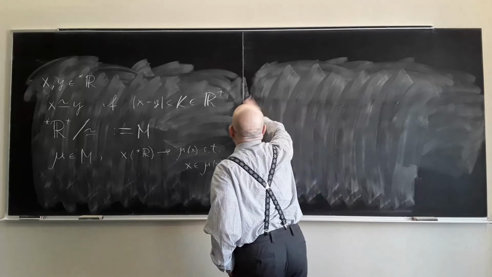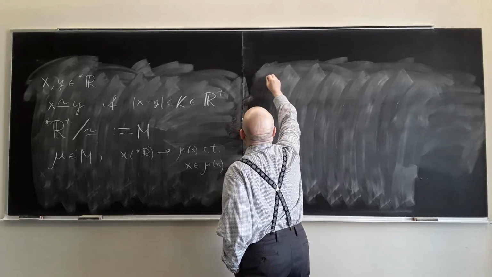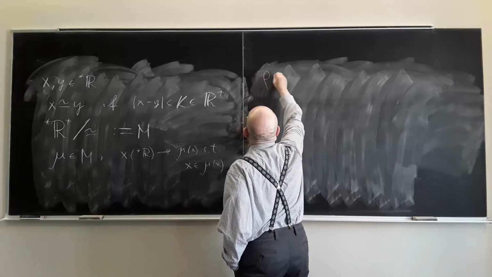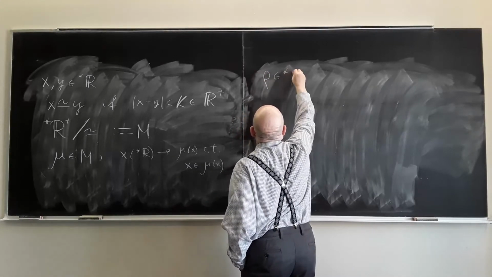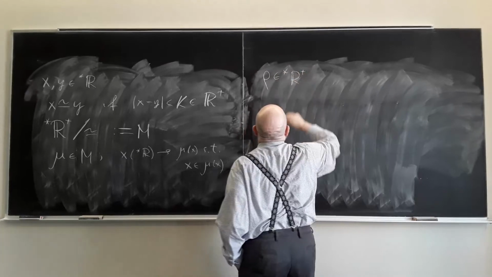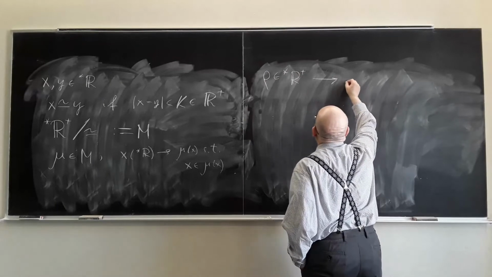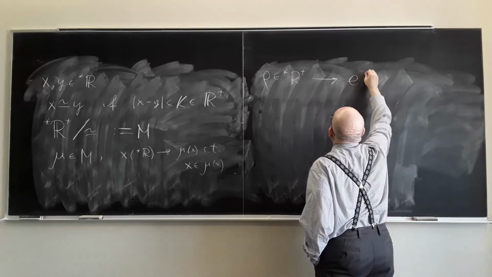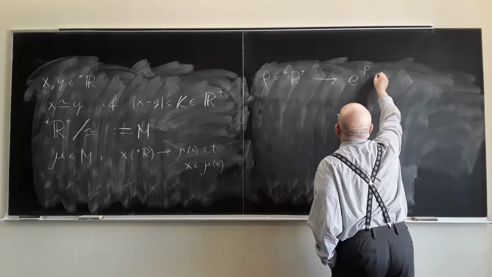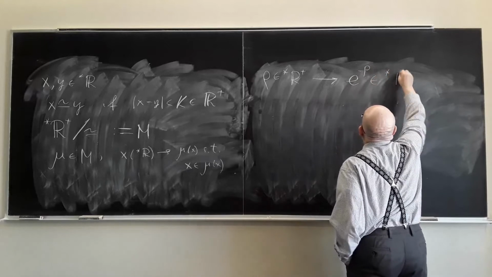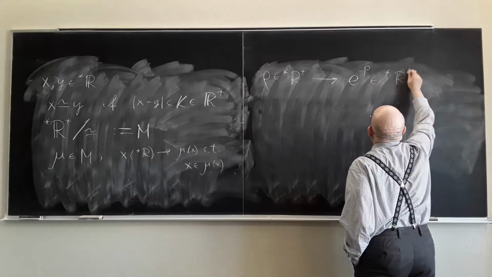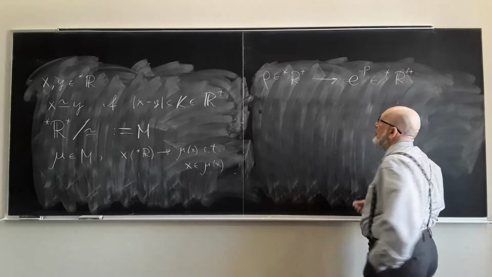So any, say, rho in star R plus, I put in correspondence e to the power minus rho, also in star R plus.